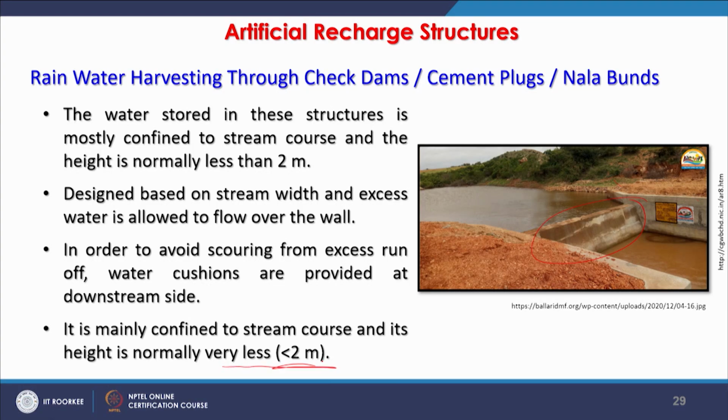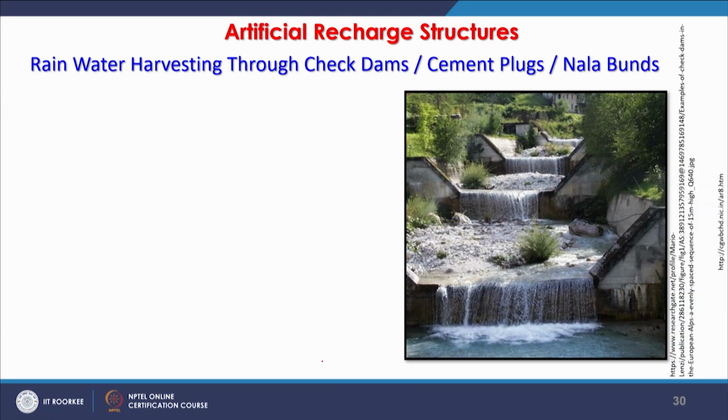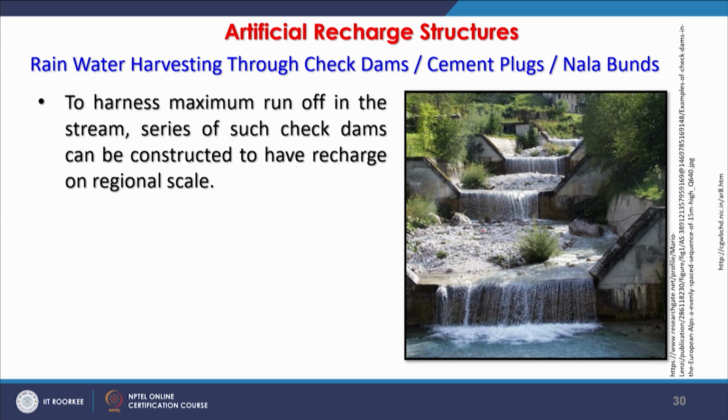These are mainly confined to stream courses, and the height is normally much less than 2 meter, as you also see. The photograph of the real structures is also there, completely cascading, slowing the stream runoff and at the same time recharging the groundwater regime. This way you can harness the maximum runoff in the stream.